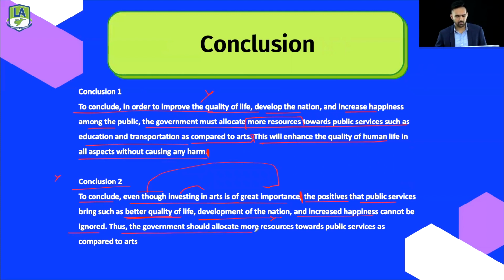Thus, the government should allocate more resources. I'm not just saying should allocate all the resources, because I'm saying arts is of somewhat importance as well, but public services is more important, so should allocate more resources towards public services as compared to arts.